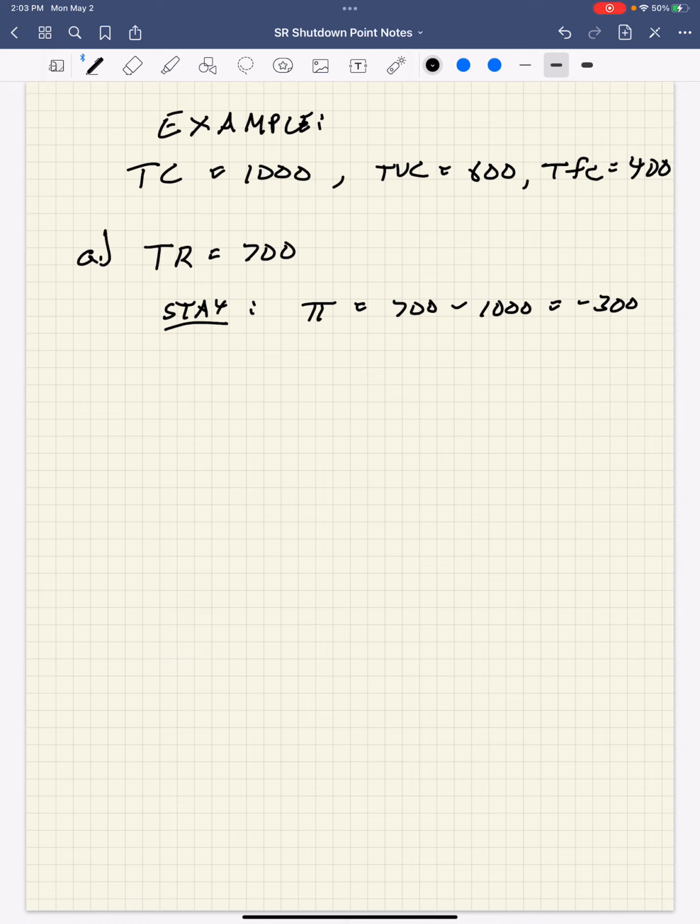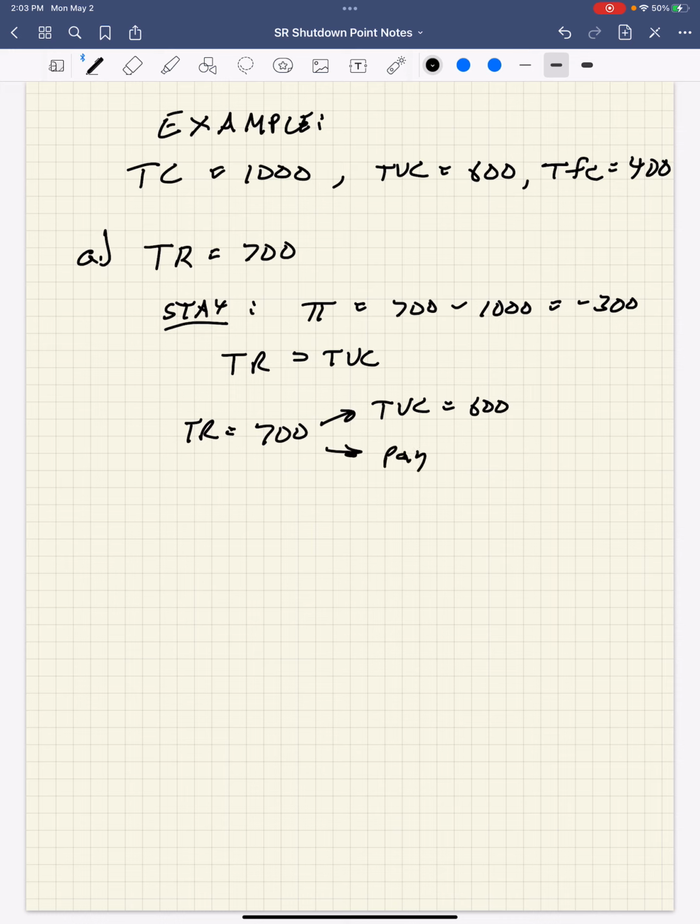Our total revenue is greater than our total variable cost. So we've got that 700 coming in. Total revenue of 700. That can be used to pay off all of our variable costs. And we've got 100 left over.